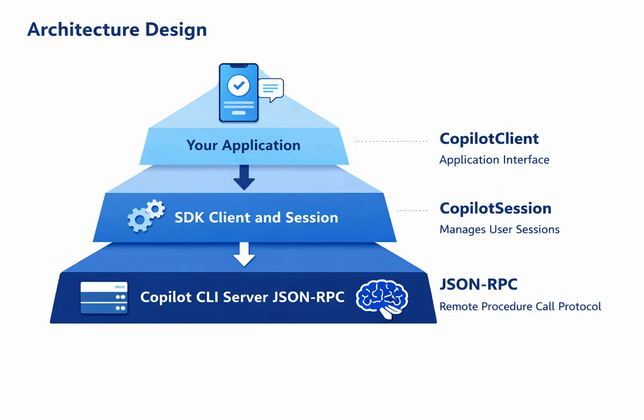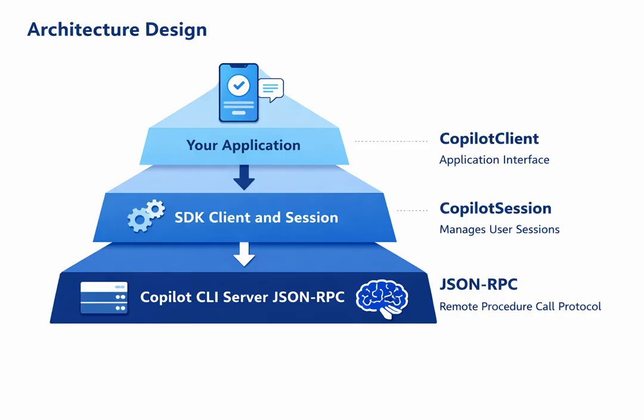Let me dive into the SDK's architecture design. The entire system adopts a 3-layer architecture. The top layer is your application, which uses Copilot capabilities by calling SDK APIs. The middle layer is the SDK client and session, responsible for encapsulating communication details and type definitions. The bottom layer is the Copilot CLI server, which performs actual AI processing through the JSON RPC protocol.